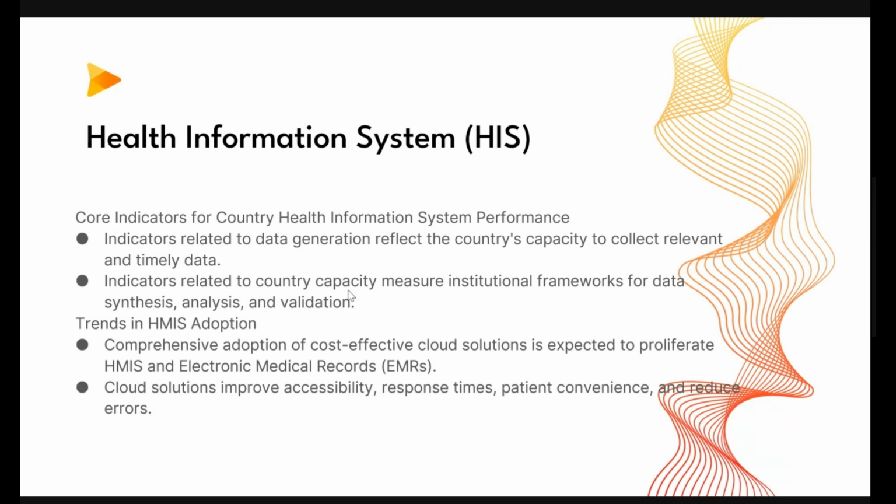So trends in HMIS are that it has to be cost effective and should be able to solve the accessibility issues. Response times also. It should not take more time, patient convenience should be taken into consideration, and it should be free from errors.